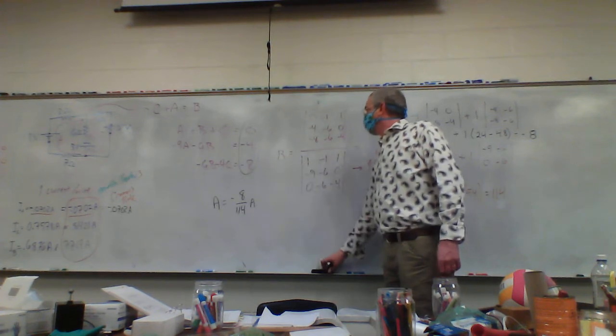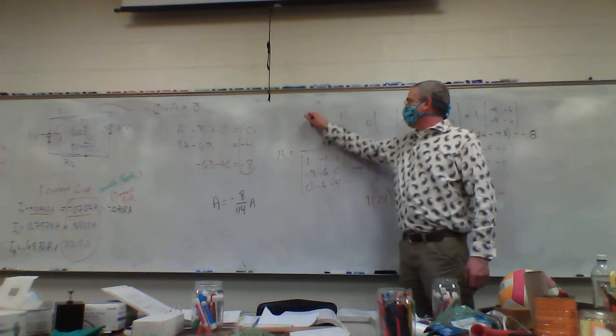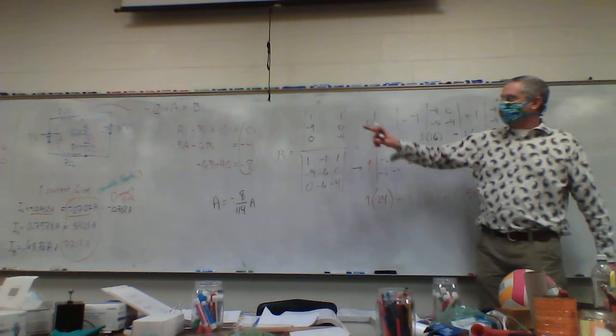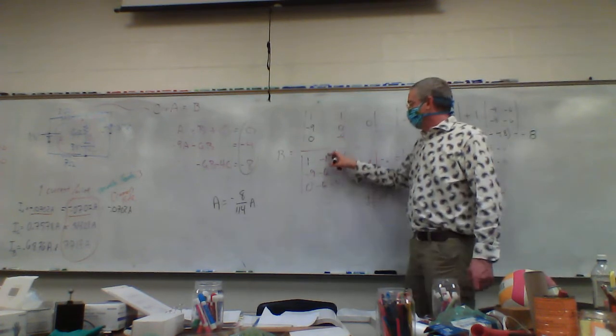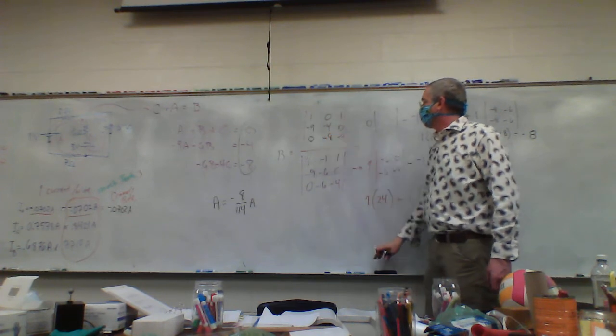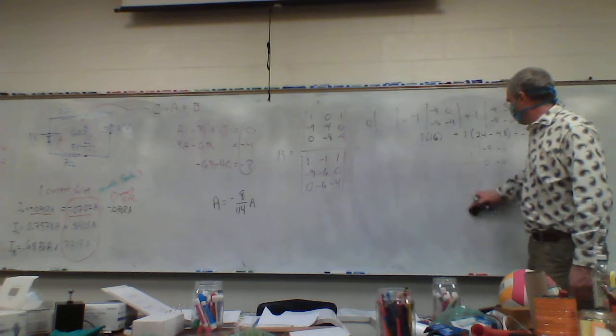Solving for B. My first column is the same as the denominator because I'm negative 9 and 0. B is the second variable over there in my list. I'm replacing that with 0, negative 4, negative 8. So my denominator is 114.